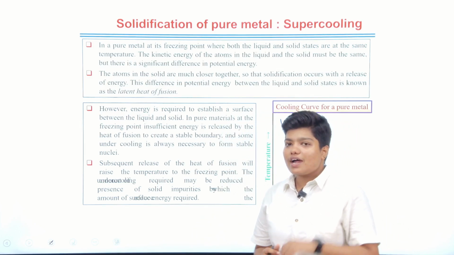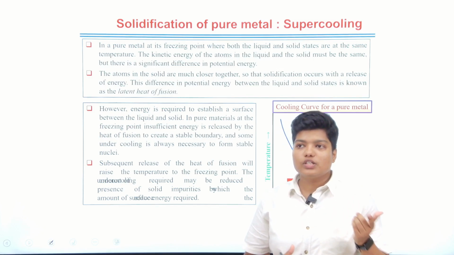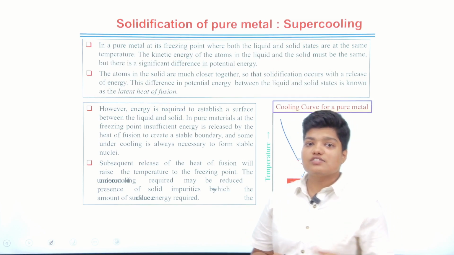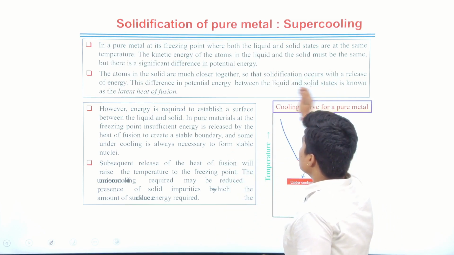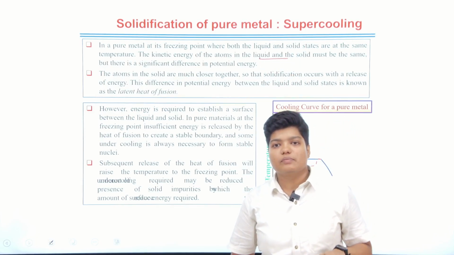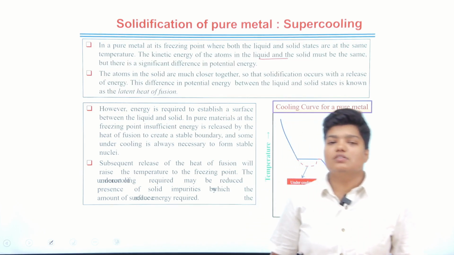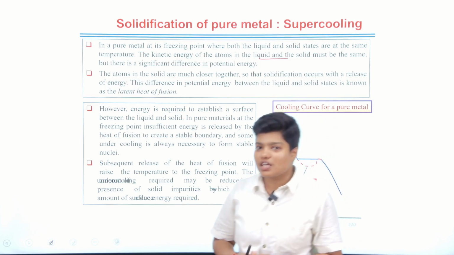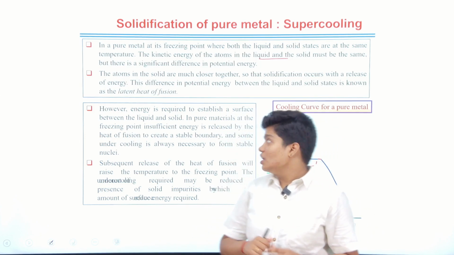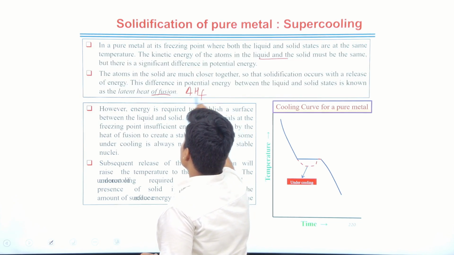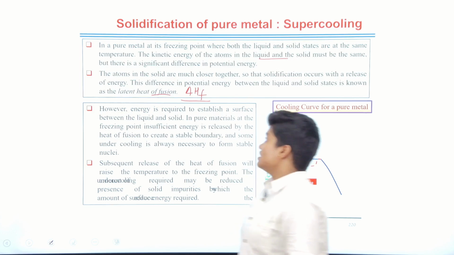One thing to remember: at the freezing point, the kinetic energy of the atoms in the liquid and solid phase of pure metals must be the same, but there is a difference in the potential energy, and that difference in potential energy is known as latent heat of fusion, mathematically del HF.